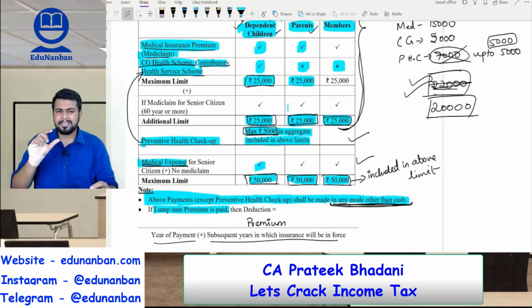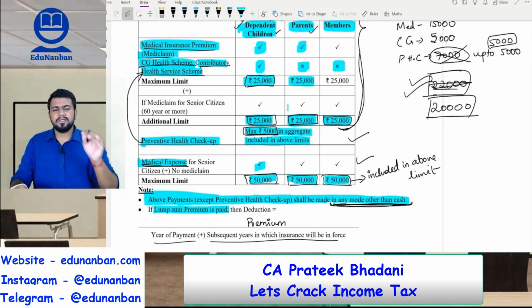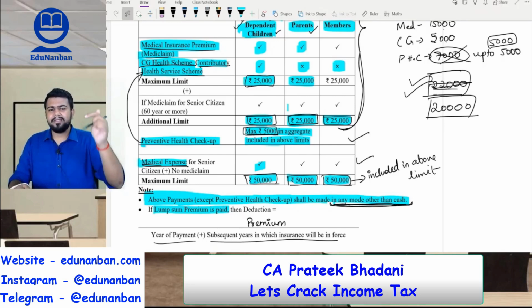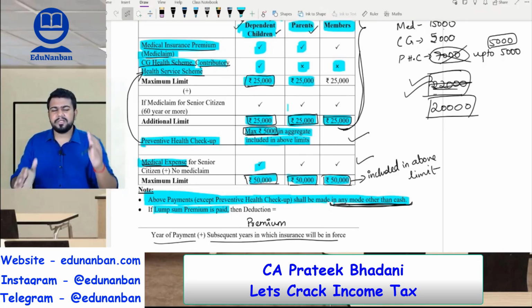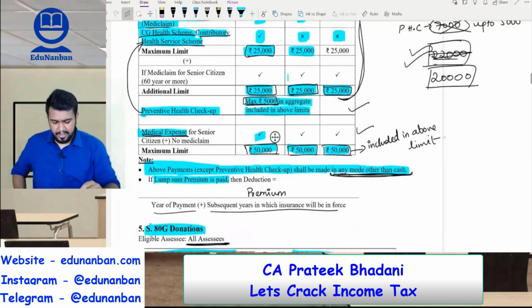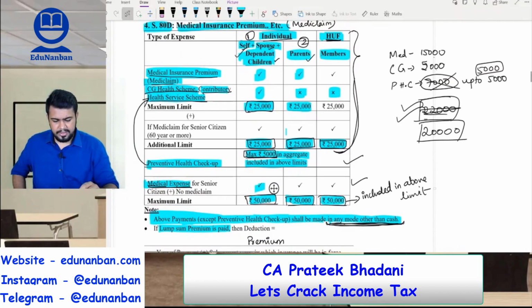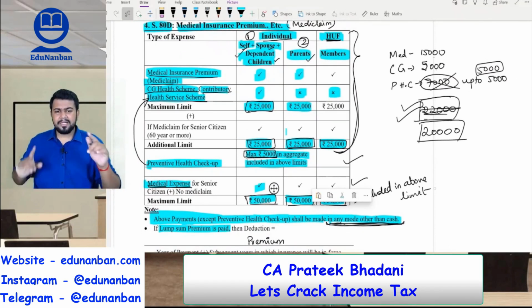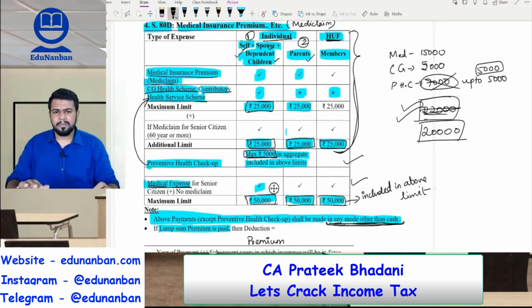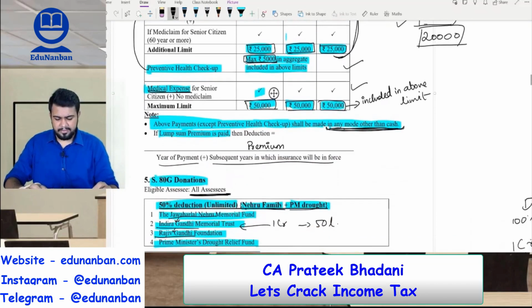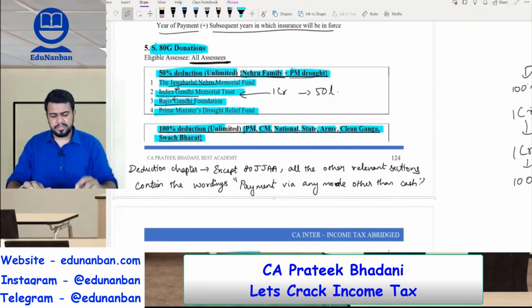So if 80,000 rupees is paid as premium for 4 years, then 80,000 divided by 4, that is 20,000, will be allowed as 80D deduction every year for 4 years. I hope you are clear with this concept. And this preventive health checkup 5,000 etc., only if you are able to solve the questions, you will be able to appreciate the section. So please solve the questions after this.